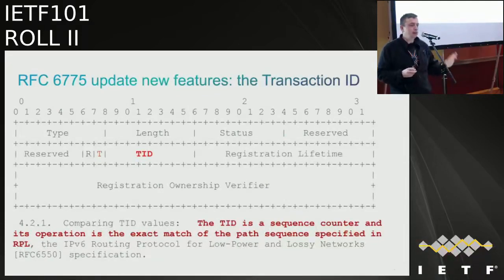So this TID has the exact same description as the path sequence. You can take a TID coming from an RPL-unaware leaf and stuff that in a DAO as the path sequence. Now, we'll change slightly the text to say that, but people do not want direct reference because the 6LoWPAN people are very keen that this spec is not dependent on RPL. So it's an exact copy of the text. You can use it with the current RPL specs.